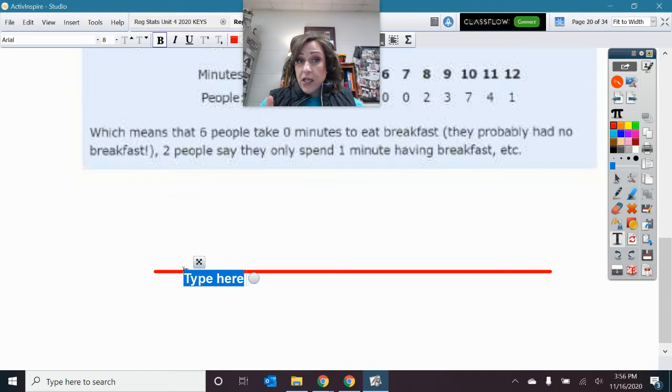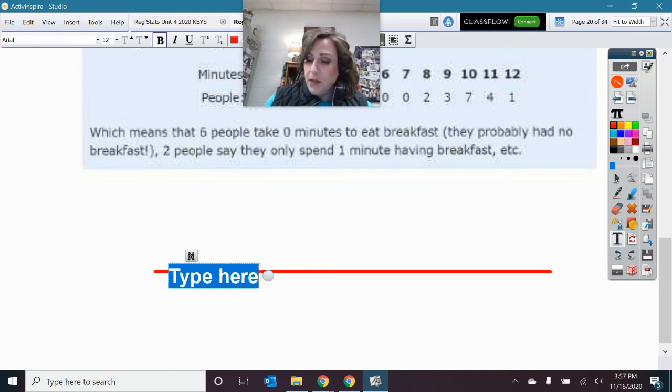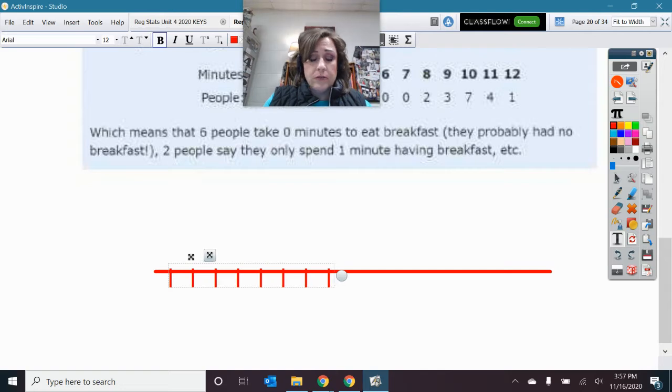We also want to make sure that we label our axes. So put this on there. So let's see here. Okay, and so on. I want to make sure that I incorporate all the values.